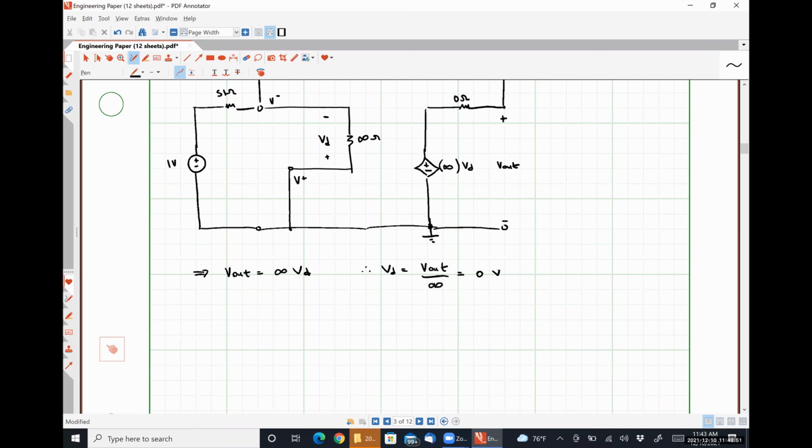So this is our voltage constraint equation. This is where that ideal op-amp rule of there cannot be a potential difference between the input terminals comes from. This is forcing our differential voltage to be 0.